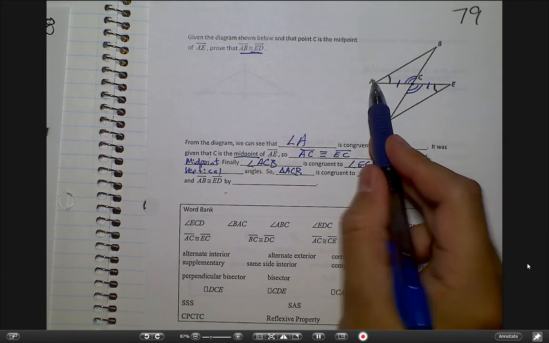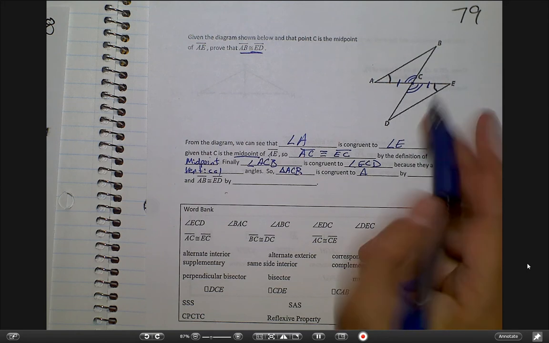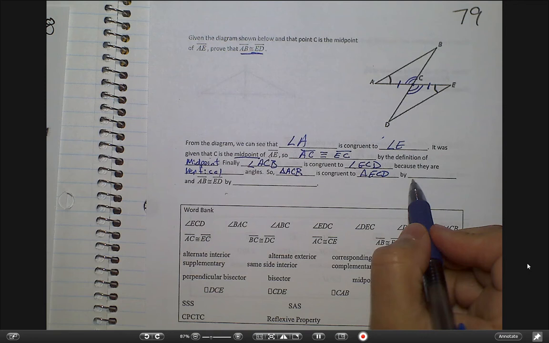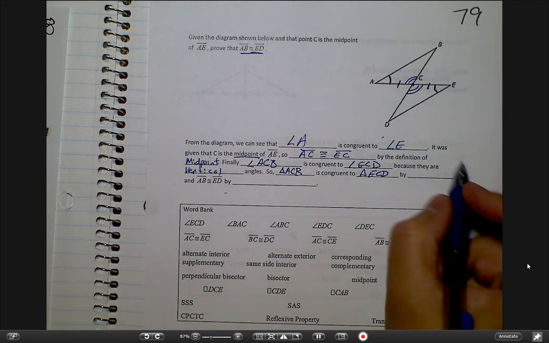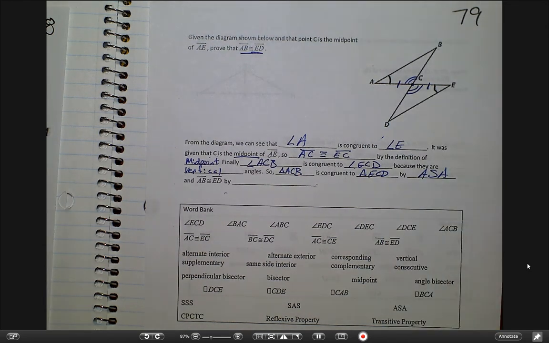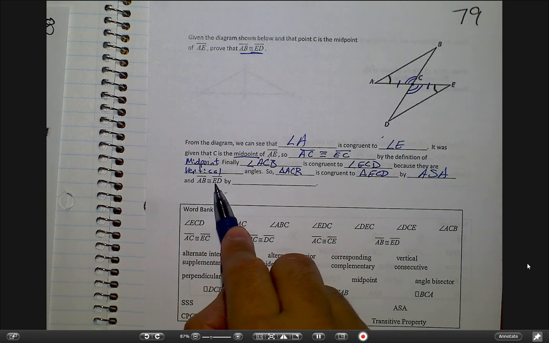So if it's ACB, yeah, ECD, by what? Angle, side, angle. And blank is congruent, or I'm sorry, AB is congruent to ED by what means?